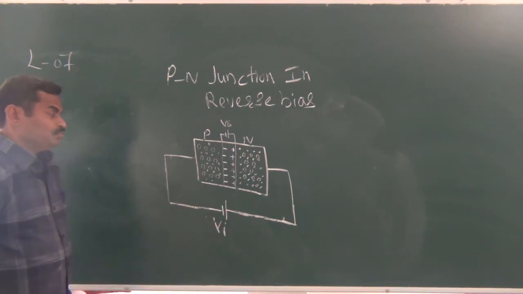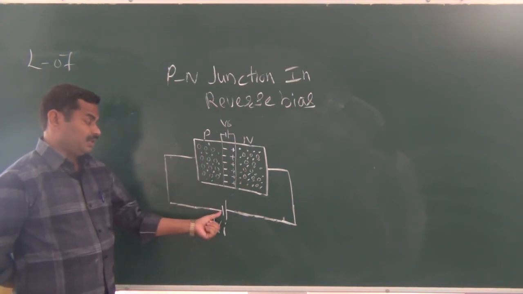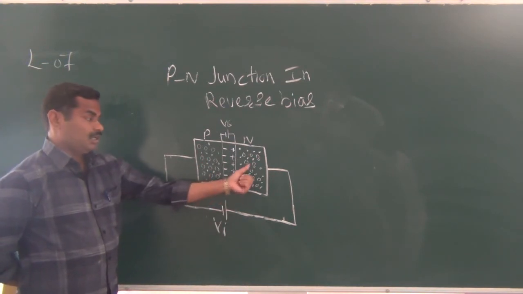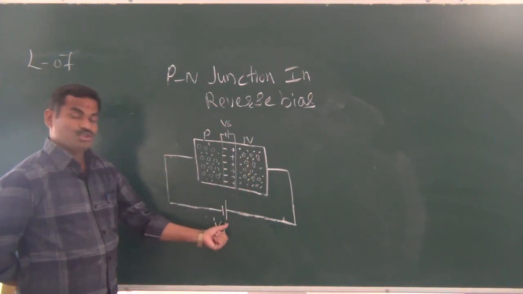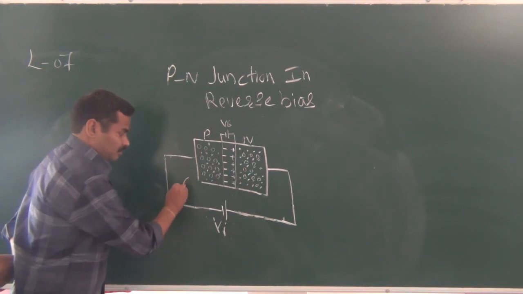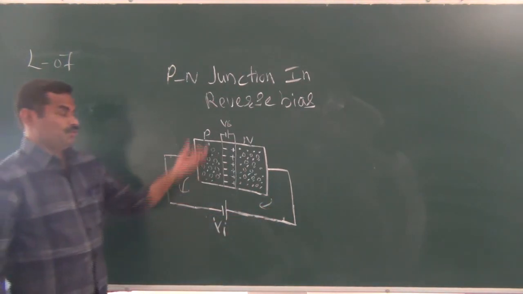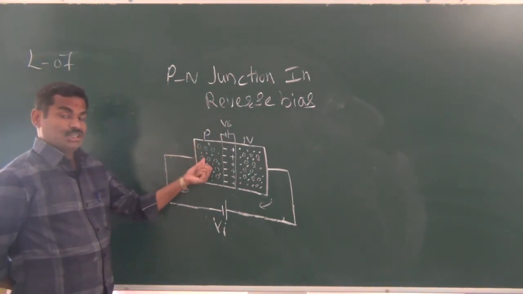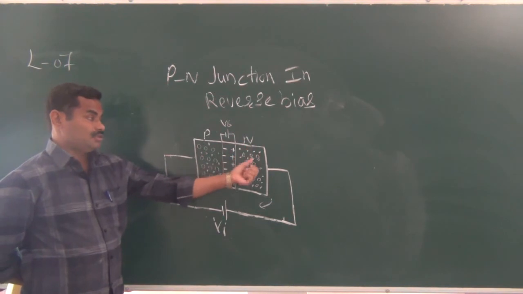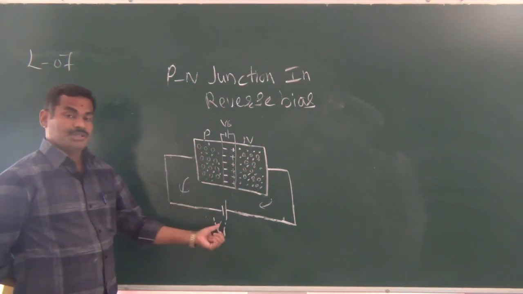Next step, what happens? Look here, as usual, the holes in the P side will be attracted by the negative battery. Electrons from the N side will be attracted by the positive battery. In reverse bias, the majority carriers, the holes in the P type and the electrons in the N type, are moving away from the junction.